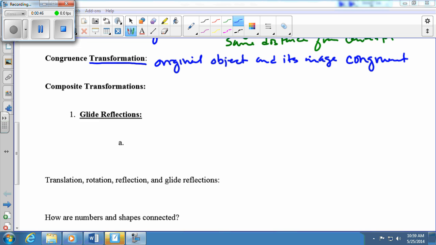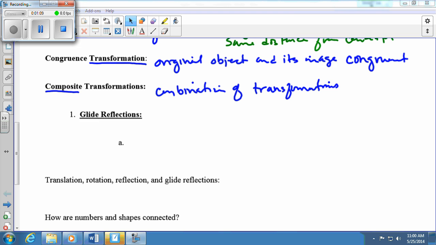We have composite. If you recall from algebra, the word composite is putting things together. So what we do is a combination of the transformations. One of the famous ones is called a glide reflection. In a glide reflection, we're going to do two congruent transformations.